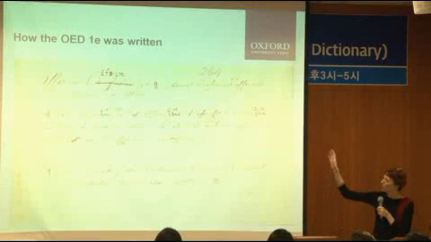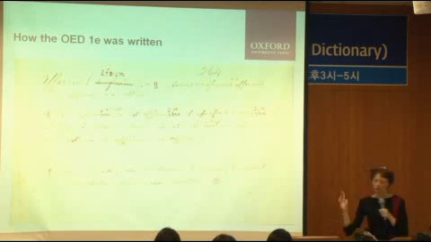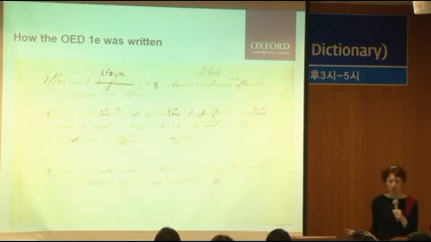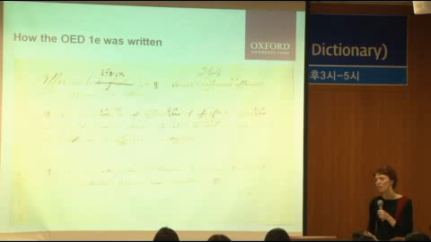And you have at the top some of the forms, and then the etymology, and below that the definitions. And on the back of the slip would be some quotations showing the evidence of where they found it in print. So there had to be 400,000 of these slips, and we still have them all in the museum in Oxford.